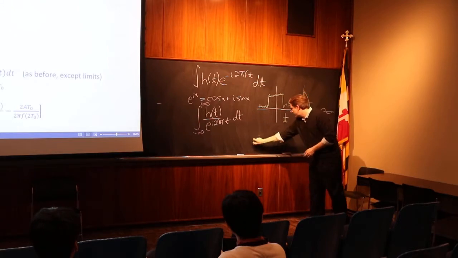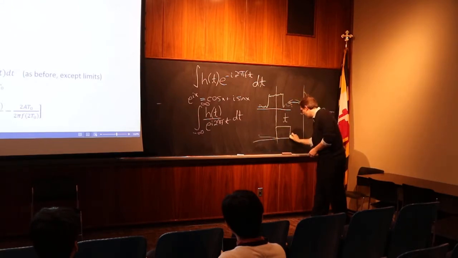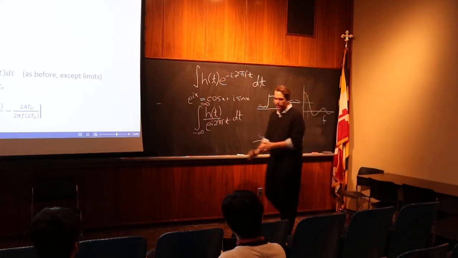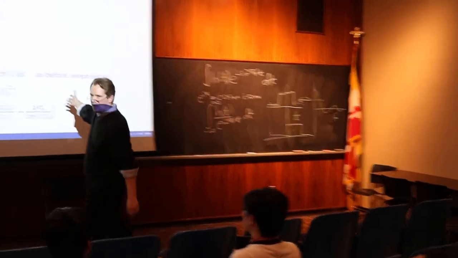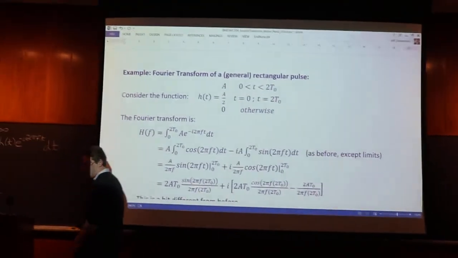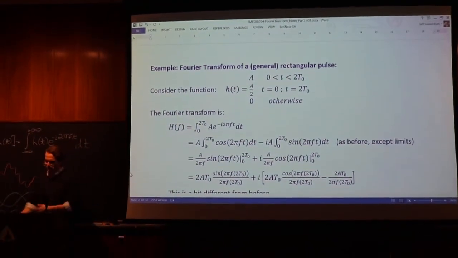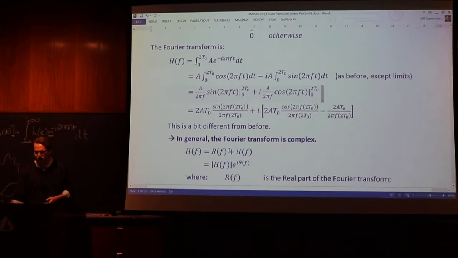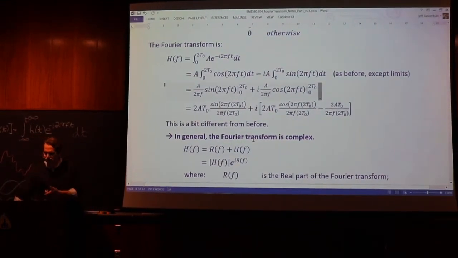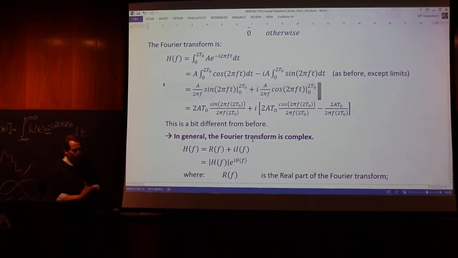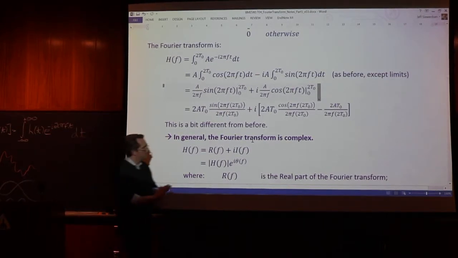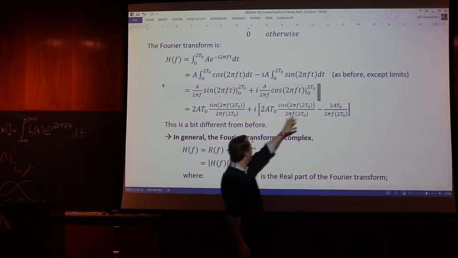But if I just shift this rect, let's say to just right there, and dive into the integral, what's different now? Something didn't cancel. The imaginary part didn't go away. All right? I'm left with this term here.